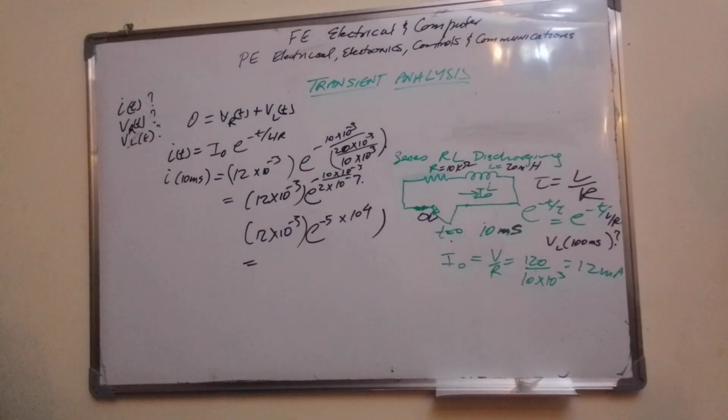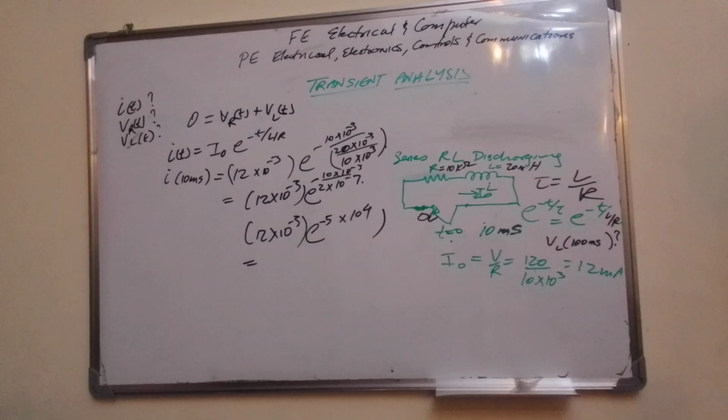But that big number right there is going to work out to 0, which makes the current flow 0. So 5 times 10 to the e to the minus that is 0, so 0 times that becomes 0.